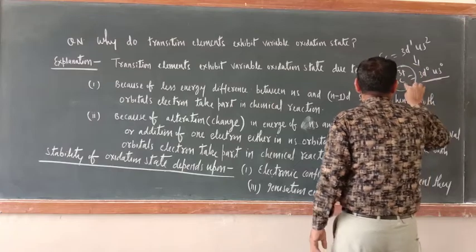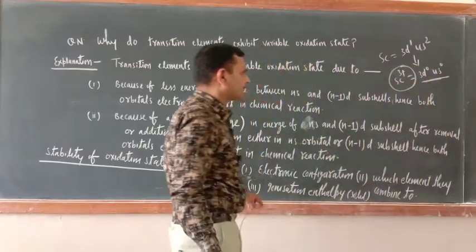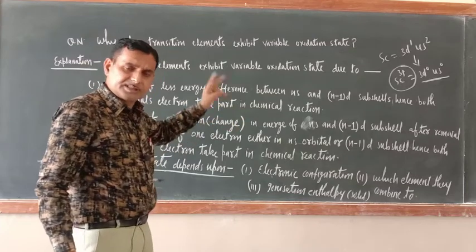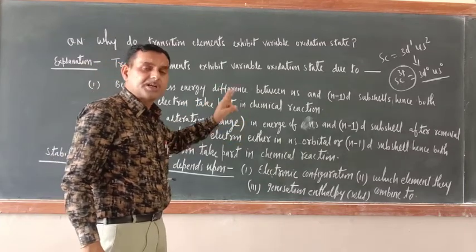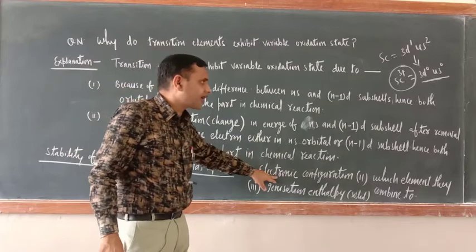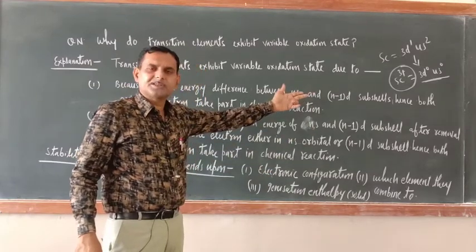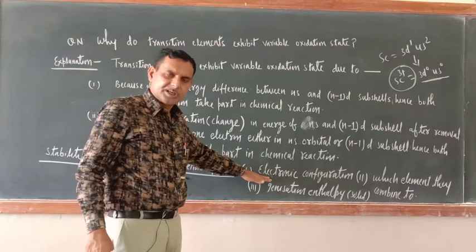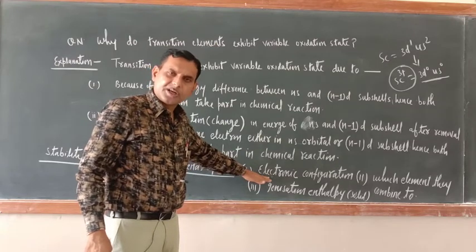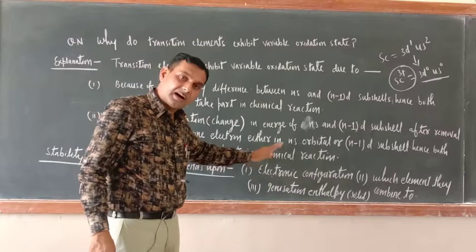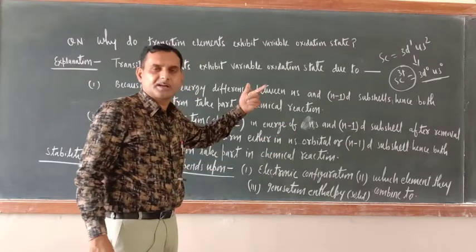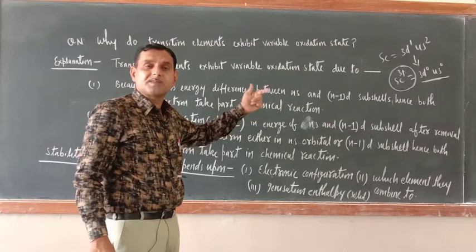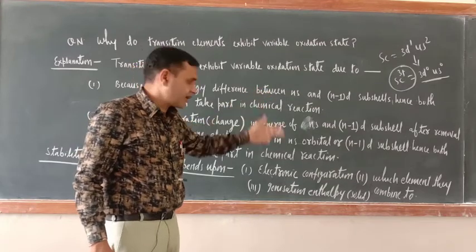That is why after the removal of 3 electrons, now scandium will have the stable state. So the stability of +3 oxidation state of scandium depends upon the electronic configuration. Stability of a particular oxidation state depends upon the electronic configuration of that element after the removal of those many electrons. If I wrote here Sc3+, it means from the scandium you have to remove 3 electrons.